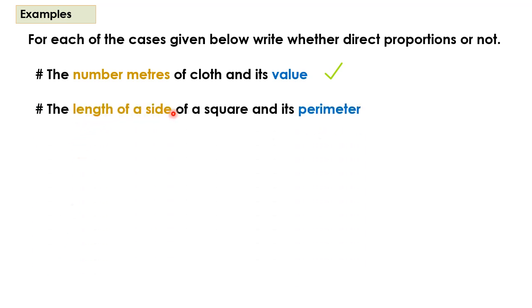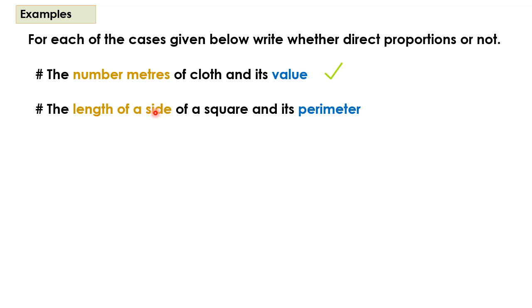The length of a side of a square and its perimeter. Here the first quantity is length of a side, second is perimeter. Once again, let's check whether this relationship is direct or not. If the length of a side of a square is 1 centimeter, perimeter is 4 centimeter, 1:4.